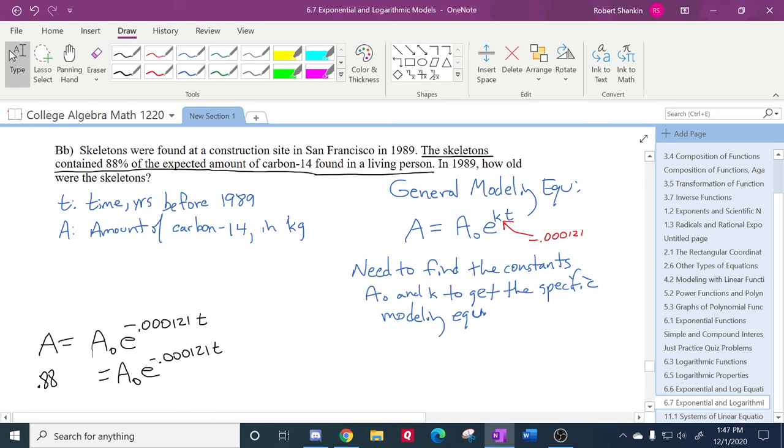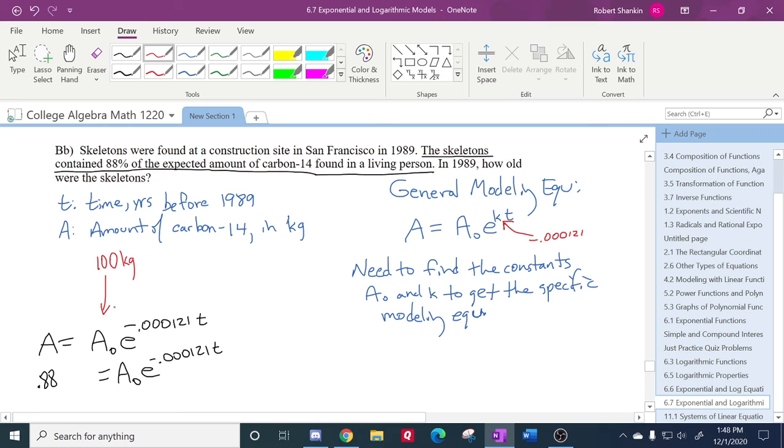But for instance, if the original amount, A0, was 100 kilograms, it didn't tell us what the original amount was, but suppose it was.